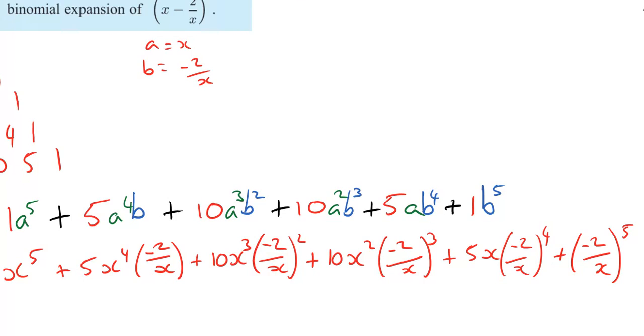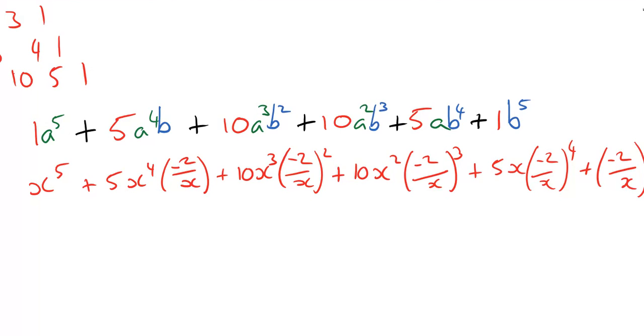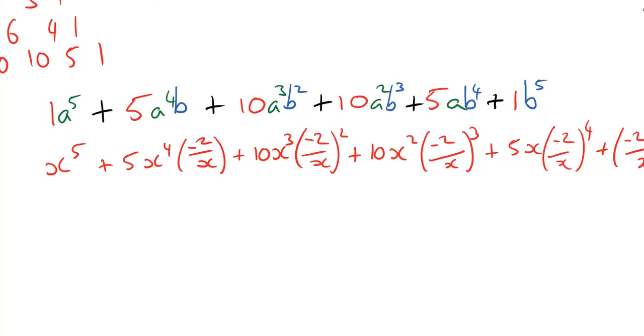And I've kept them separated because you can run into problems of negatives and squaring and cubing certain coefficients. So we'll take our time and do it slowly. Right, now we can simplify each one of these and see if we can cancel some things out.